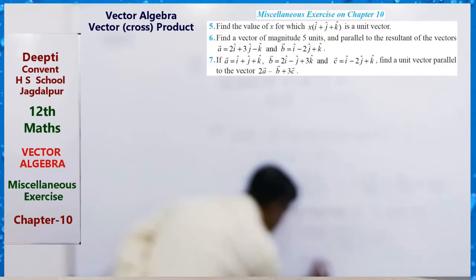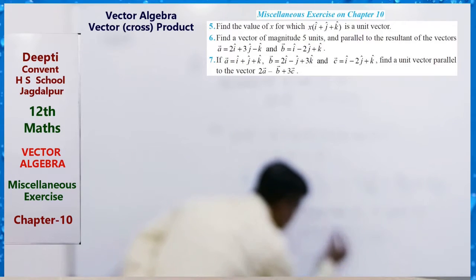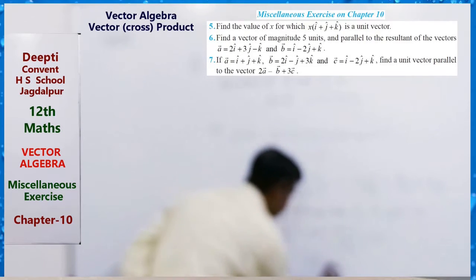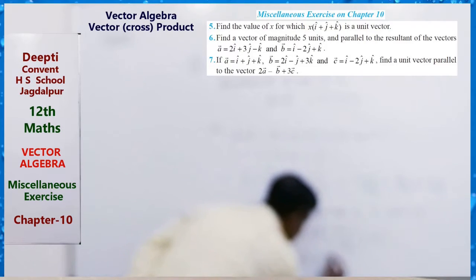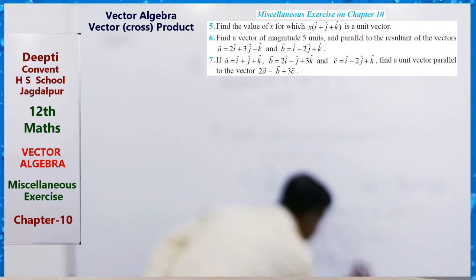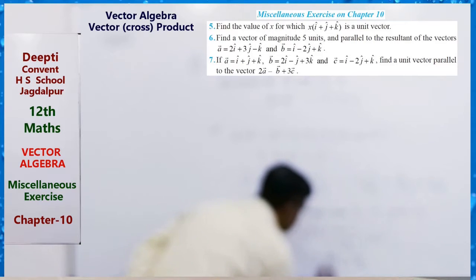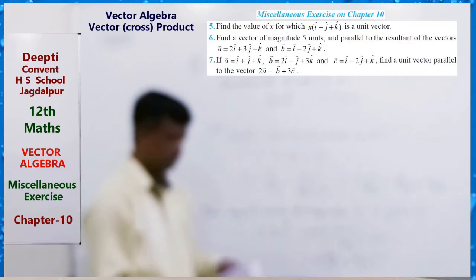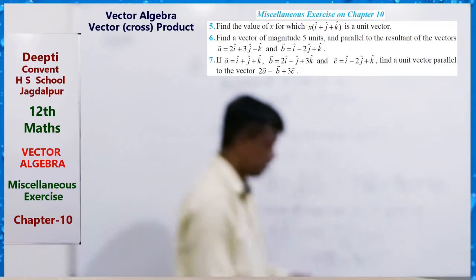It can also be written like this: multiply root 10 on numerator and denominator, then 5 root 10 gives 10 by 2. So 3 root 10 by 2 i plus root 10 by 2 j. This is the answer.